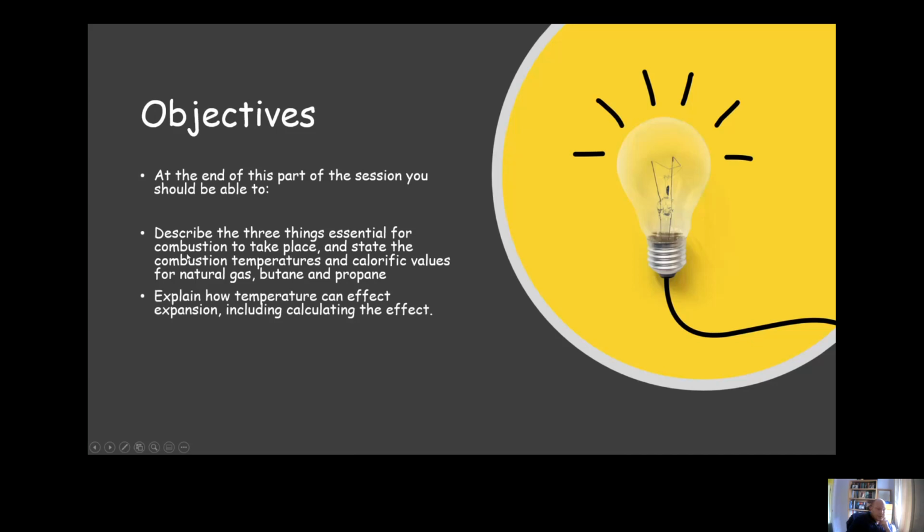Also, I want you to tell me how temperature can affect expansion, including calculating how much things will expand when they're heated by a set amount. Also, I want you to be able to compare the density of solids and liquids to water and predict whether they'll float or sink, and also do the same with gases, with air, and predict whether they'll rise in the air or fall.